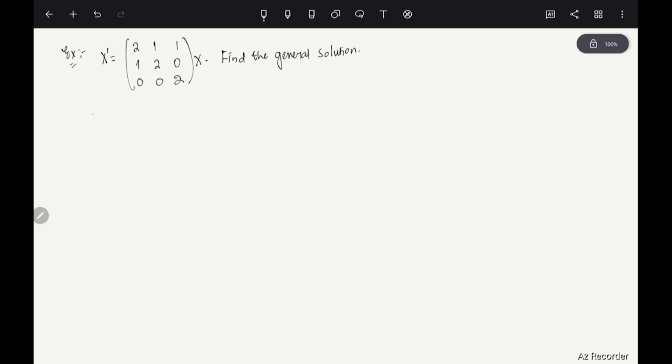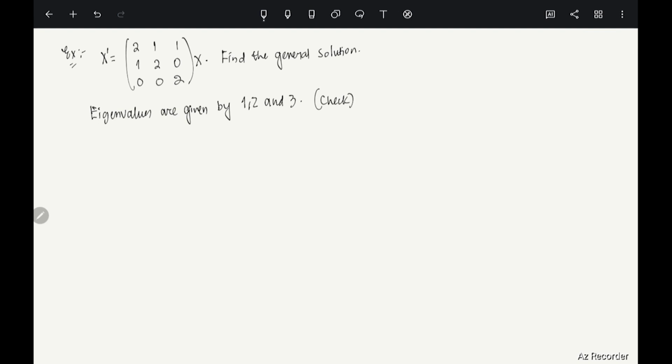First of all you have to find the eigenvalues. The eigenvalues are given by 1, 2 and 3. You have to check this part, and this is very easy to do.